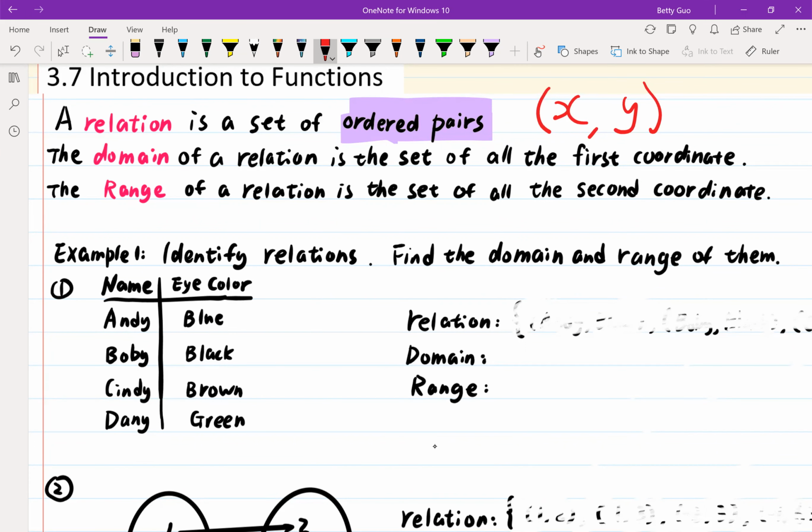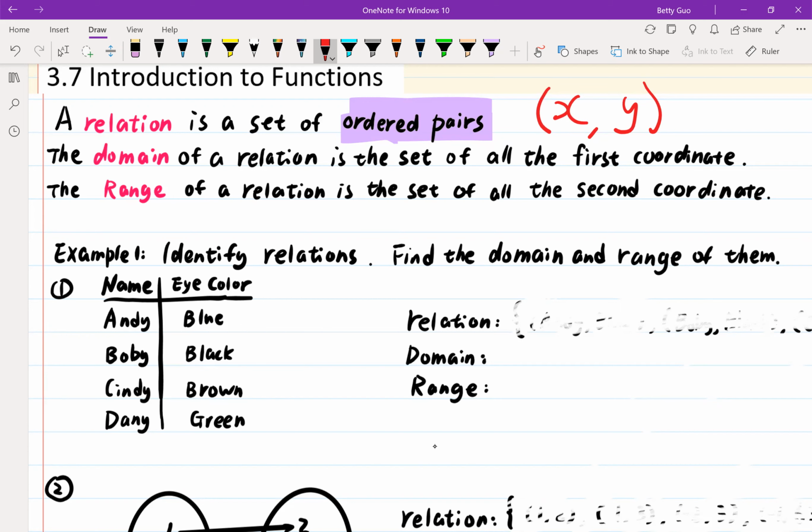We write the first component and the second component. Here I write the first component as x, the second component as y, use a comma to separate the two components and parentheses to frame them. In algebra, we use this notation to represent ordered pairs.